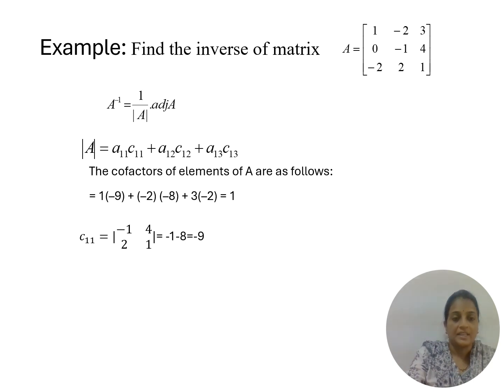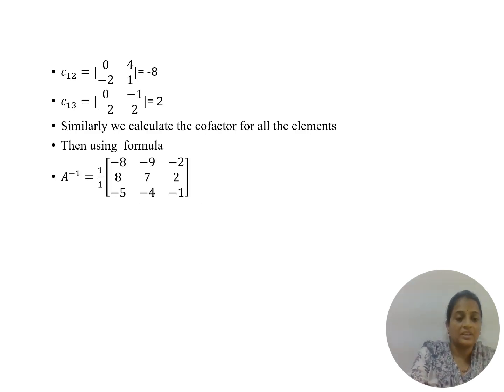Next we find C12, and C12 means first row second column deleted. So 0 4, minus 2 1, and multiply: 0 into 1 is 0, minus 4 into minus 2 is minus minus 8, so plus 8, and 1 2 is an odd position, so we write minus, changing the sign for the odd position.